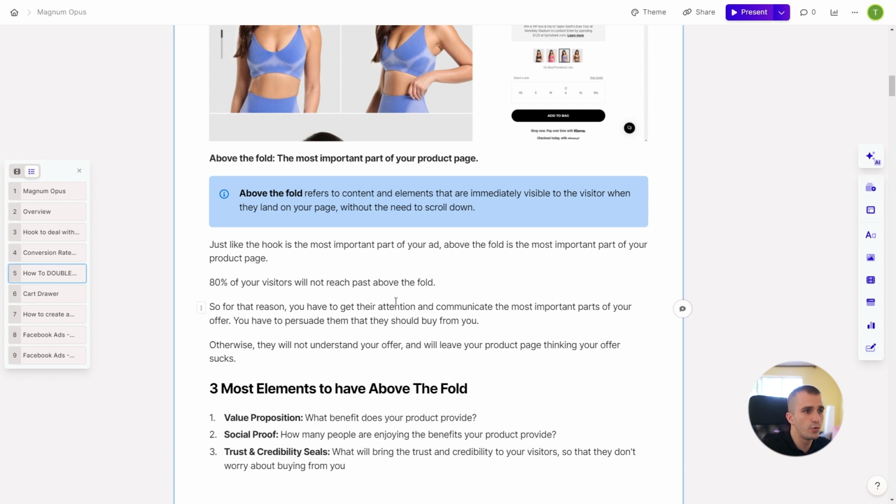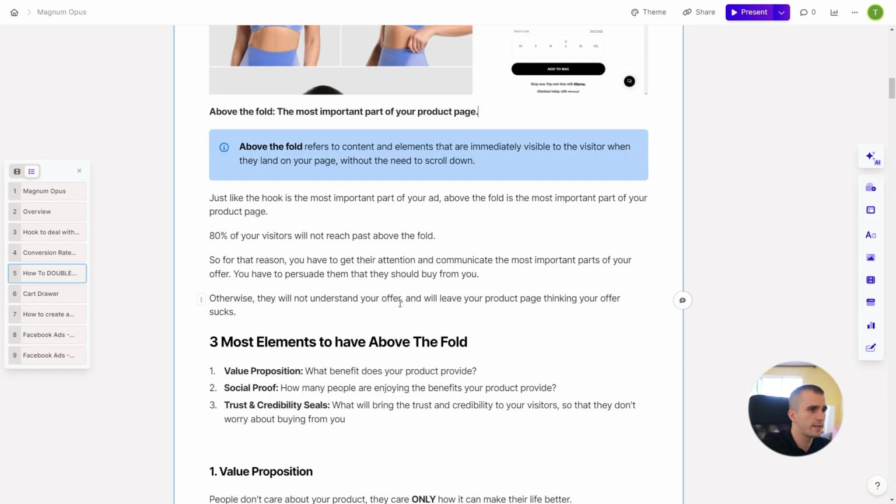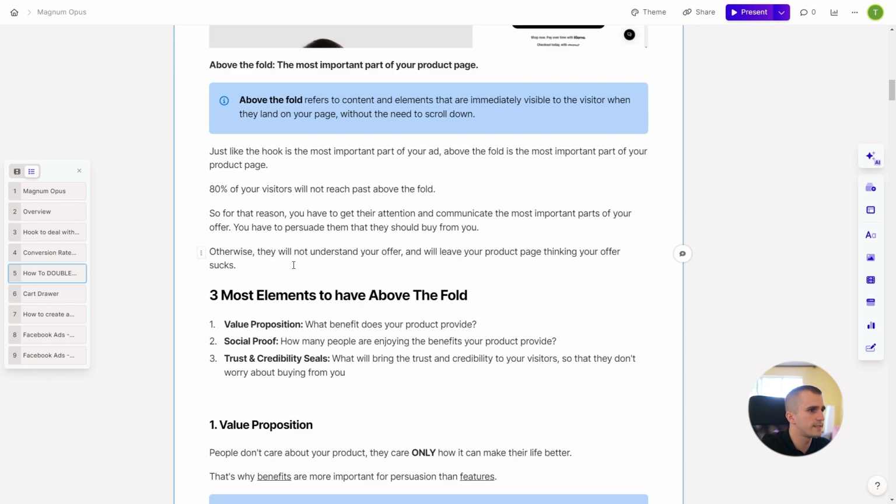You need to get their attention and communicate the most important parts of your offer. You have to persuade them that they should buy from you in this part of the product page. Otherwise, they will not understand how good your offer actually is, and therefore they will leave your product page thinking that your offer is bad.